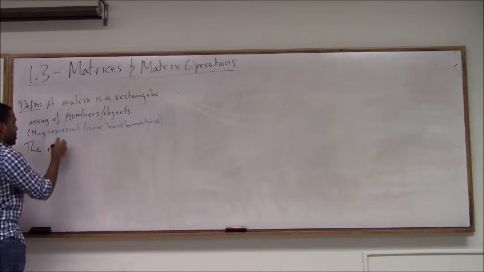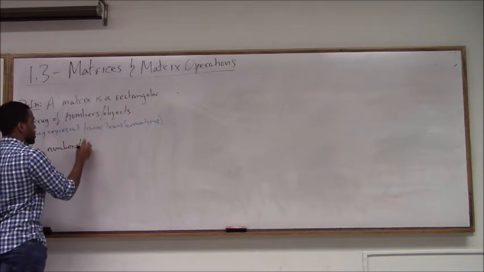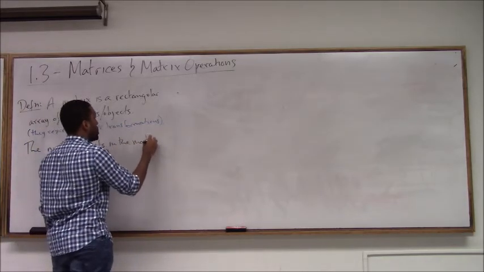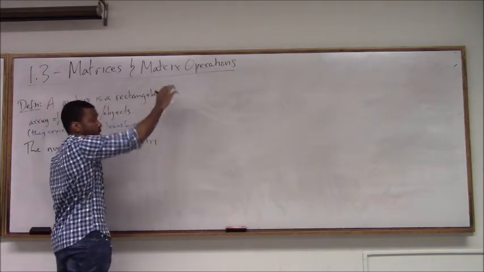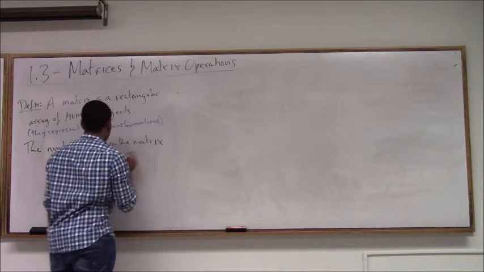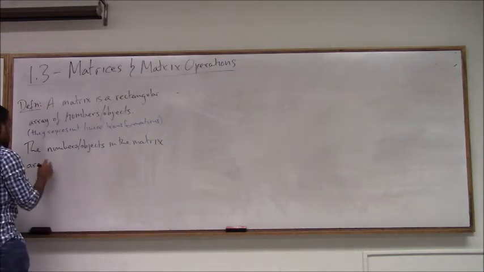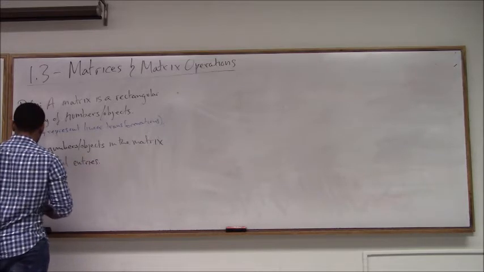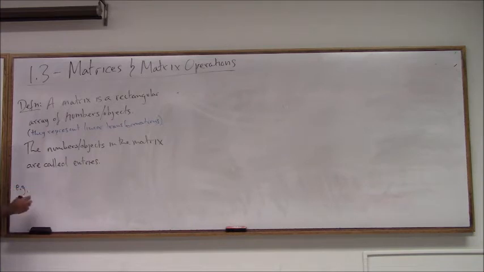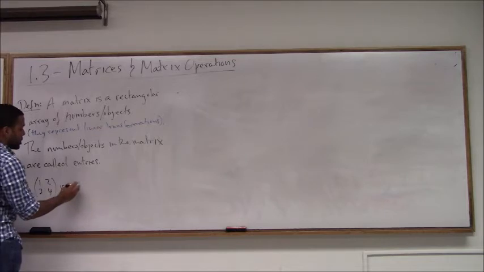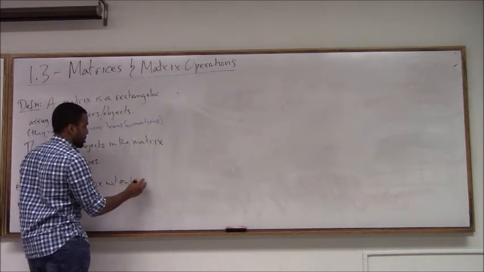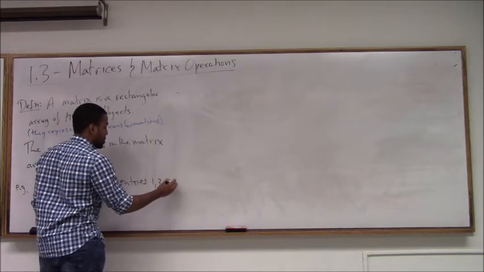The numbers or objects in the matrix are called entries. Matrices is the plural of matrix, by the way. Example: 1, 2, 3, 4 is a matrix with entries 1, 2, 3, and 4.